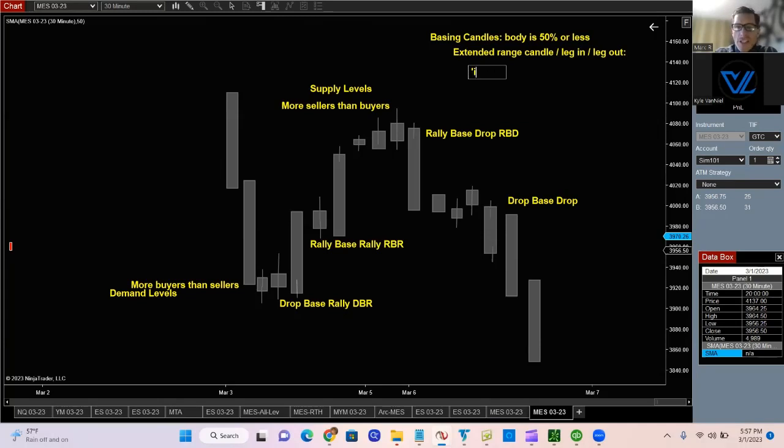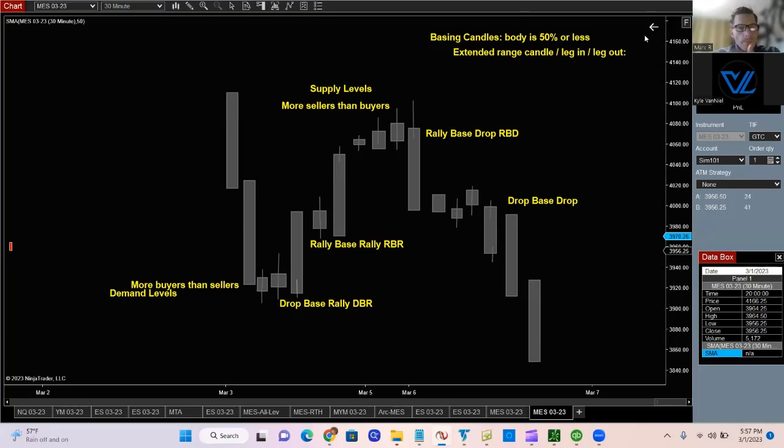I mean, an impulse isn't necessarily referring to the candles; it refers to the movement in the candles, but not particularly to a candle. So even if this had a long wick like this, it would still be the leg out in this situation, because the body of this whole candle is 75% of the range.